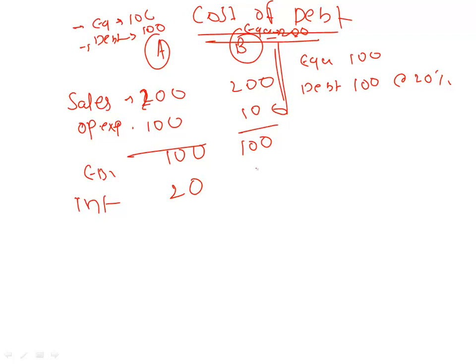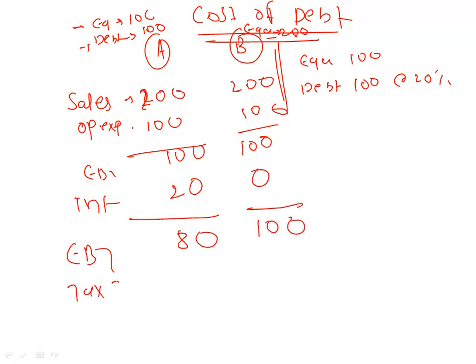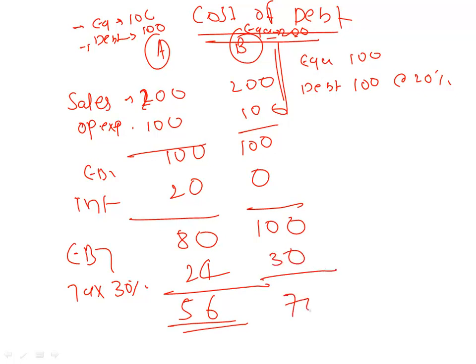Interest for firm B is 0. So your EBT is 80 and 100. Let's assume a tax rate of 30%. So this is 24. That means your earning after taxes is 56. And this would be 30, so this would be 70.